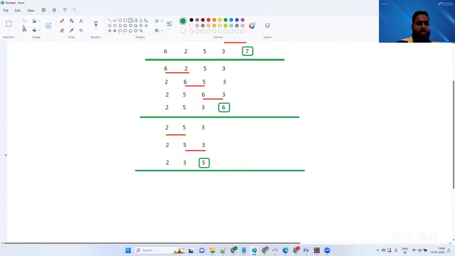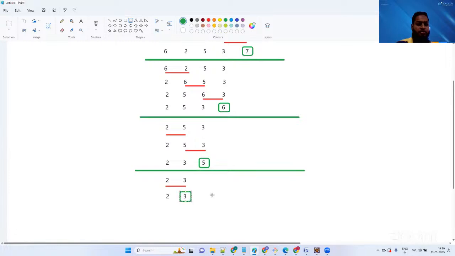Now what are my unsorted elements? 2 and 3. Okay, so I'll compare 2 and 3. Do I need to swap? No swapping. So place it as it is. And now this number also I have got.